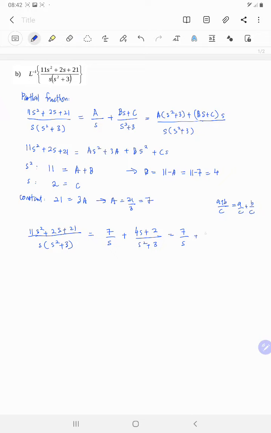So we can split for s over s squared plus 3. That means now we can proceed with the Laplace inverse.